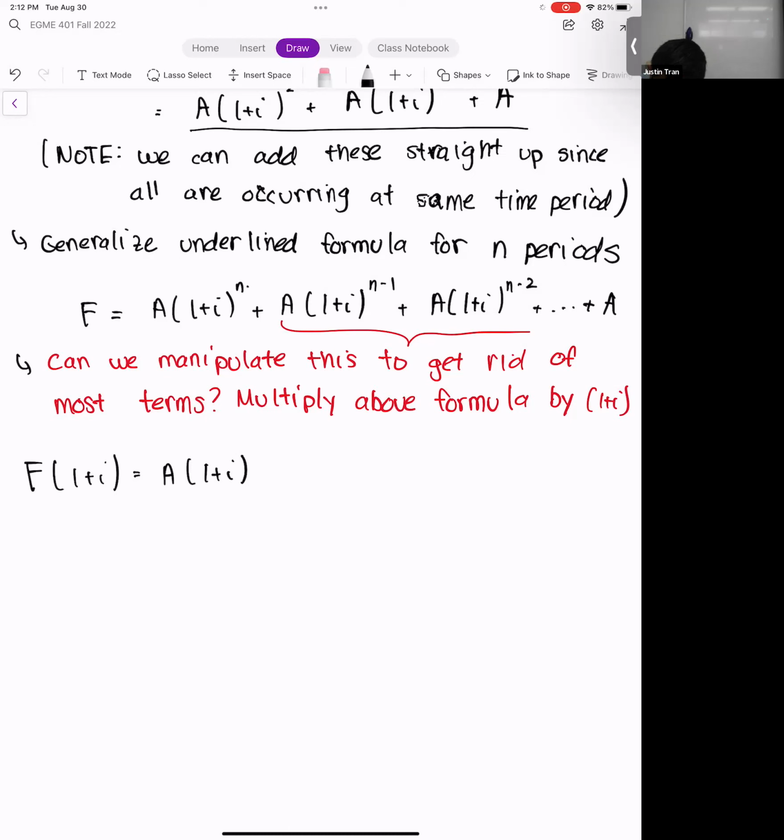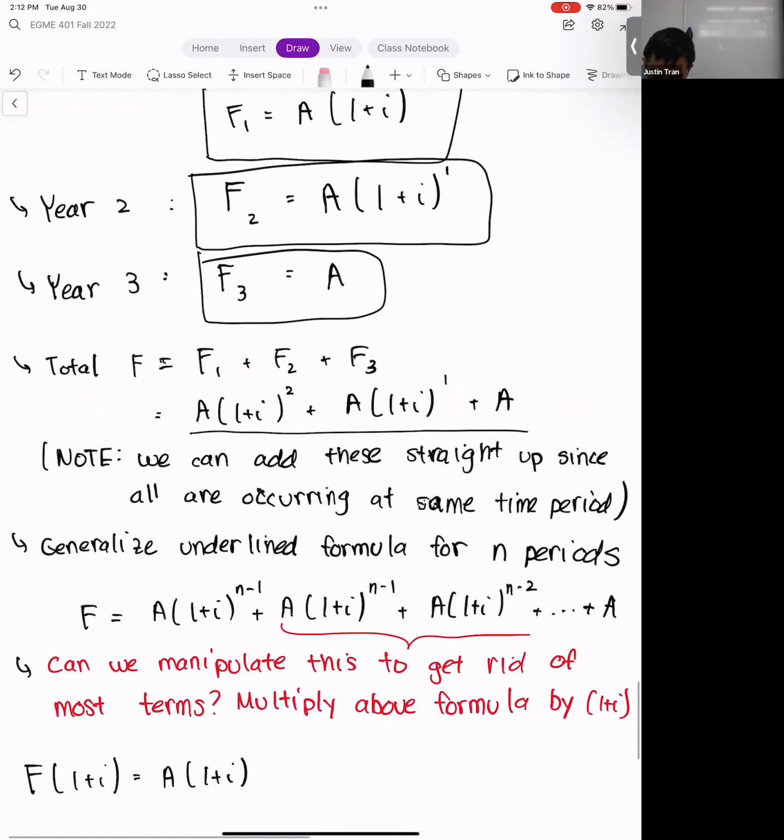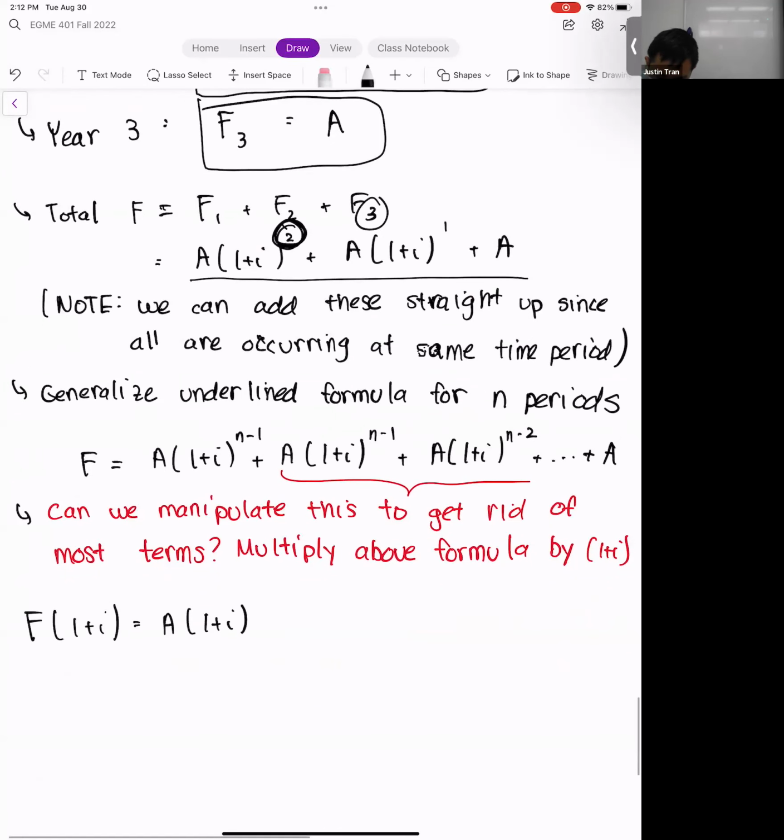The formula up here should start with N minus 1, because if we look at the formula up here, we're considering 3 years and our exponent started at 2. So it should start at N minus 1, then N minus 2, N minus 3. I apologize for that.